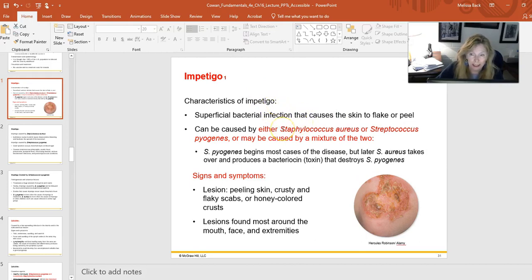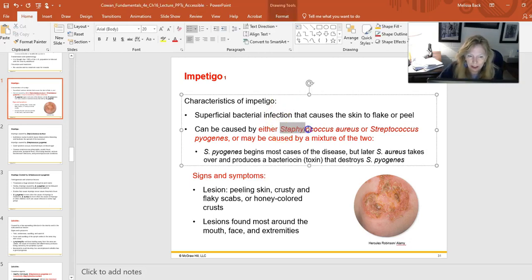It's very contagious. If it starts on the chin, or at the nose area, or on the knee, it will spread rapidly. It is usually caused by either Staph aureus or Streptococcus pyogenes, or a mixture of the two. In very young infants, it's usually Staph aureus that's the cause.